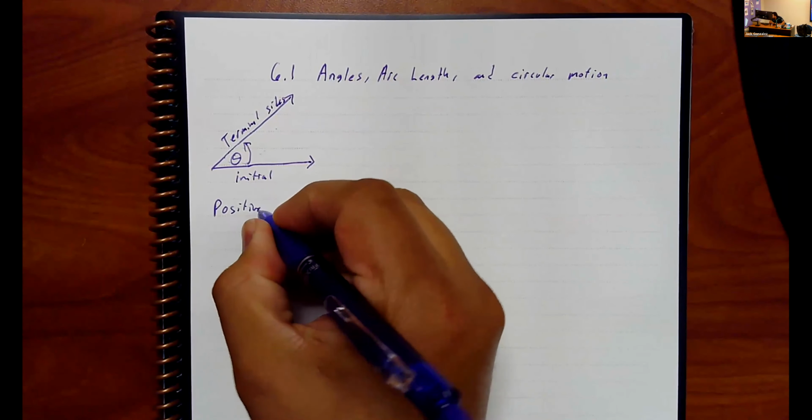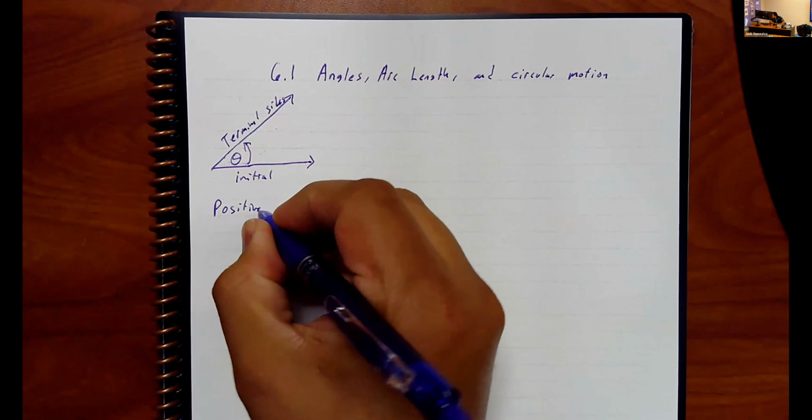Positive is going to be counterclockwise, right here. This is a negative angle, so it's not in standard position. This one's in standard, this one's not. That's all you need to know. Does that make sense? Yes, sir.